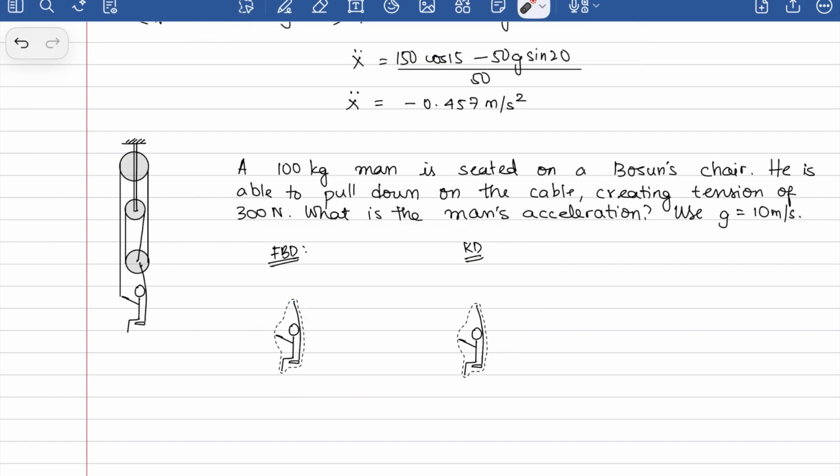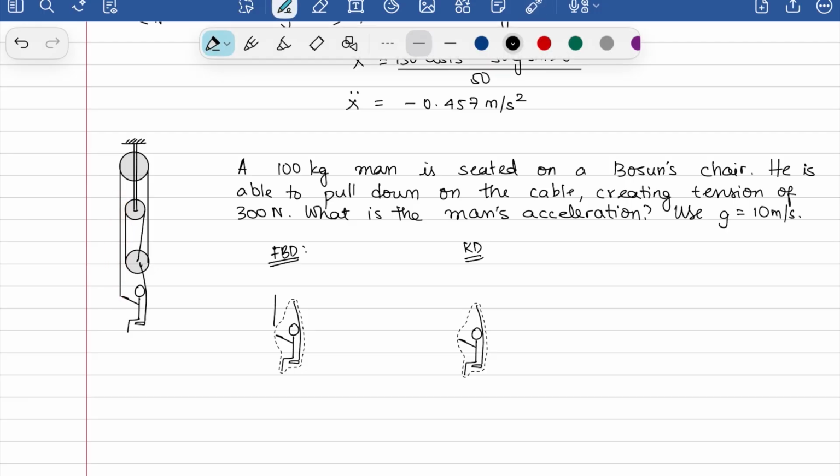So what are all of the forces? The human is able to create tension. Now, when the human pulls down on the cable, the reaction results in the cable creating an upward tension force here.